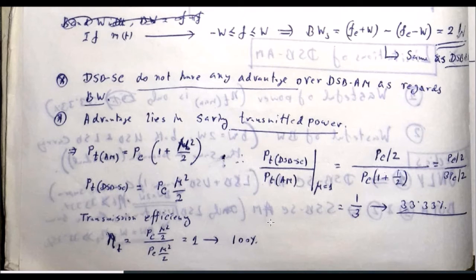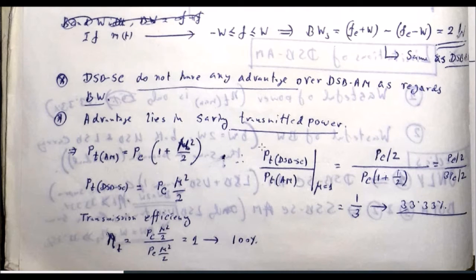So in this case, by suppressing the carrier power, we can have 100% transmission efficiency, and you only transmit the information bearing message, that is the sidebands, upper sideband as well as the lower sideband. This figure is for mu equal to 1, that means 100% modulation. Okay, and sorry, this figure will be irrespective of the mu value, because mu square and mu square will be cancelled out.